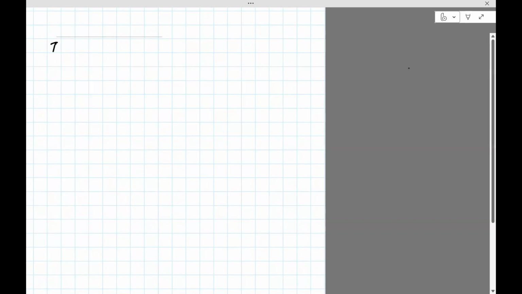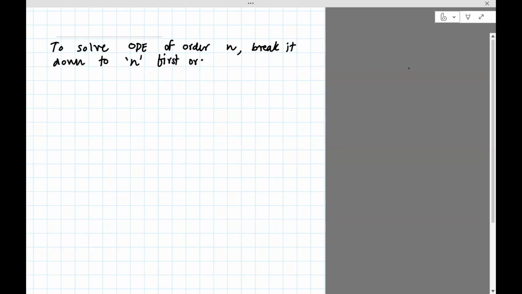So to solve an ODE of order n, break it down to n first order equations. So how do we do that?